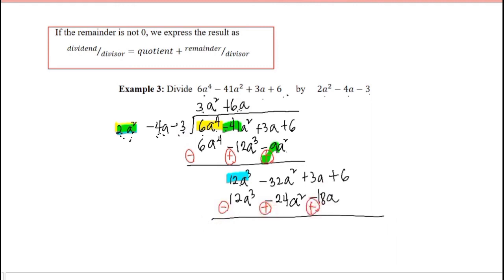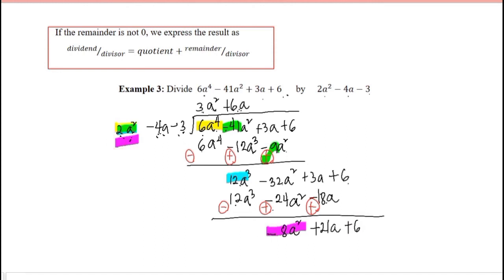So that would be negative, this would be positive, and this would be positive. So we would have 12 plus negative 12, so that would be 0. Negative 32 plus 24, that is negative 8. And 3 plus 18, so that's positive 21. And then bring down 6. Next, we are going to divide this negative 8a squared here with 2a squared here.